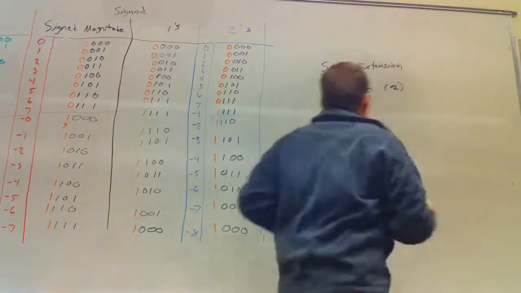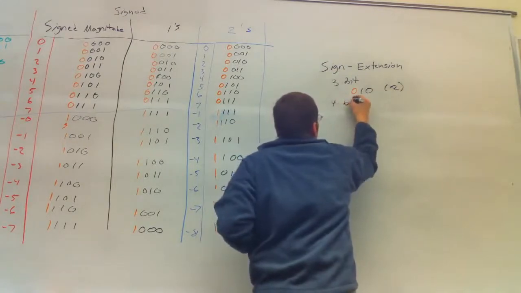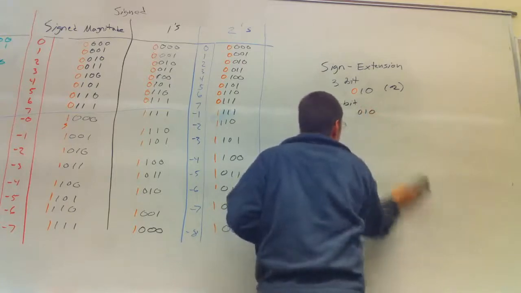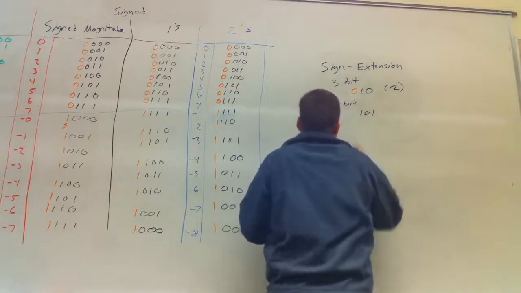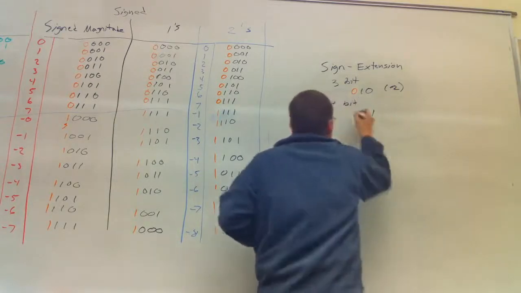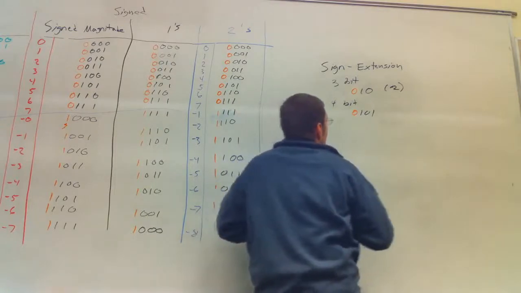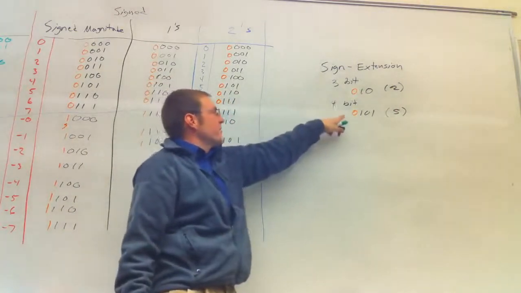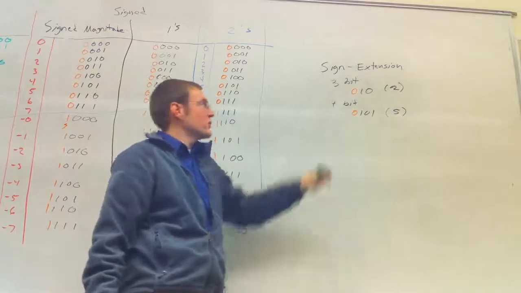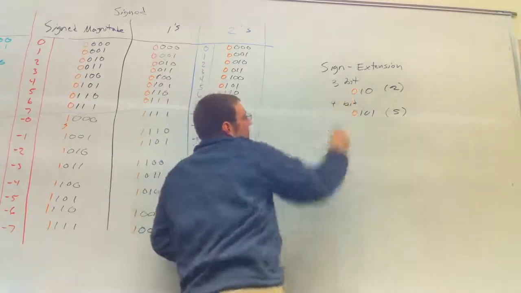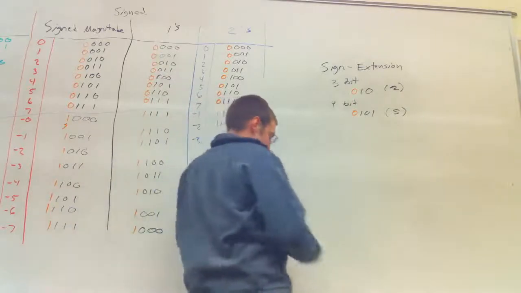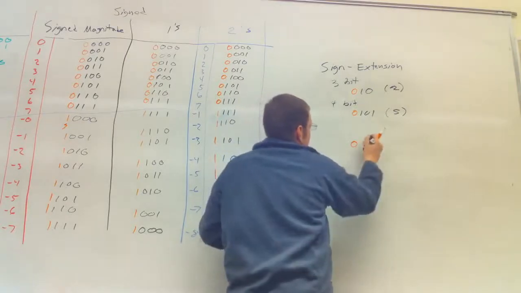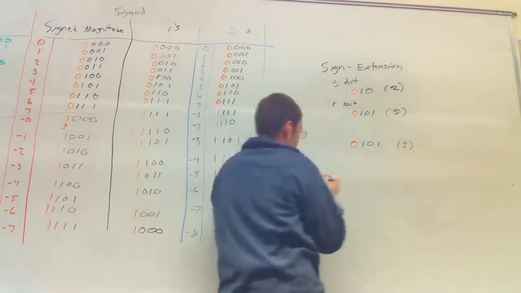Another number, say, let's go with that 4-bit number. I want to add this 4-bit number to that 3-bit number. So what we do is called sign extend. You know this is a positive number, so we got 5 here and I'm going to take 2.